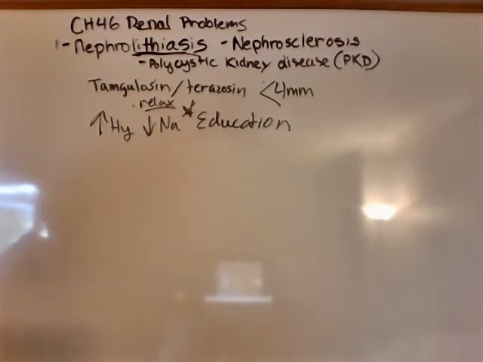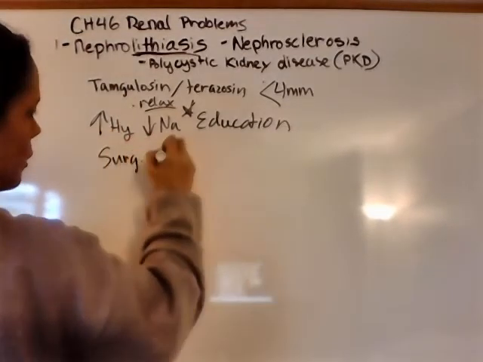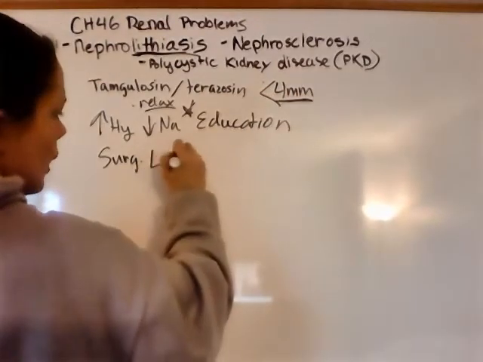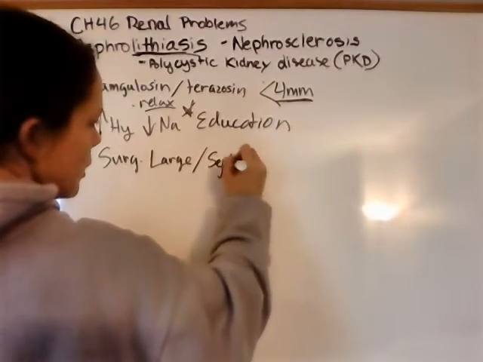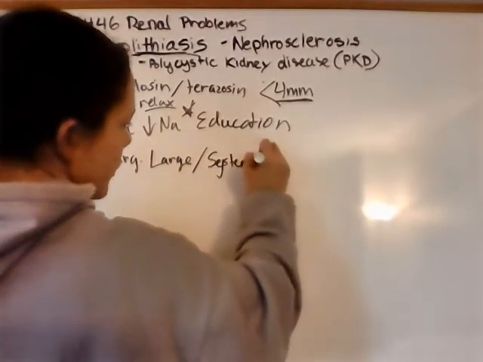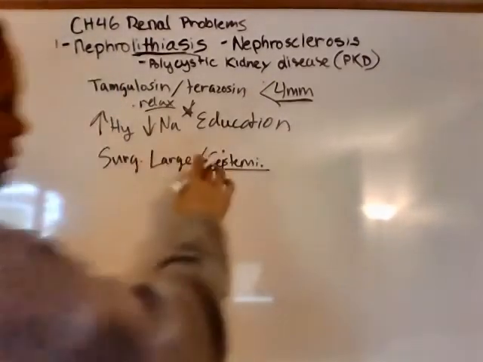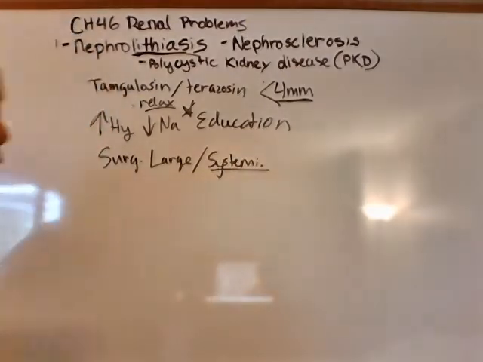All right. There is sometimes where you're going to need to have surgery, and in surgery we're going to perform surgery if it's a large stone, or if it's related to systemic infection, because if it's a systemic infection, maybe the UTI spread to such a point where it's got upper and lower and all types of other stuff.